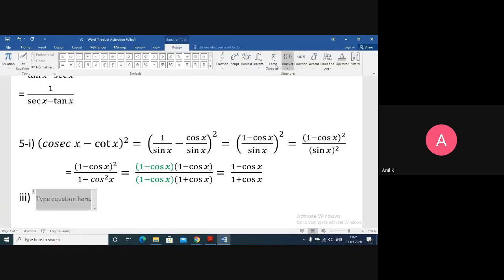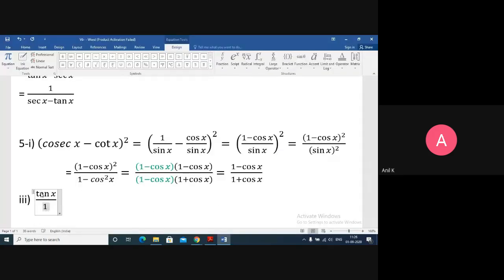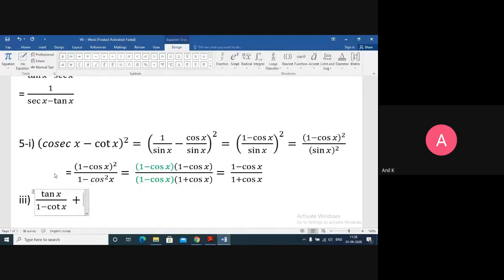Still we have time, no problem. We have tan x upon 1 minus cot x, plus cot x upon 1 minus tan x.